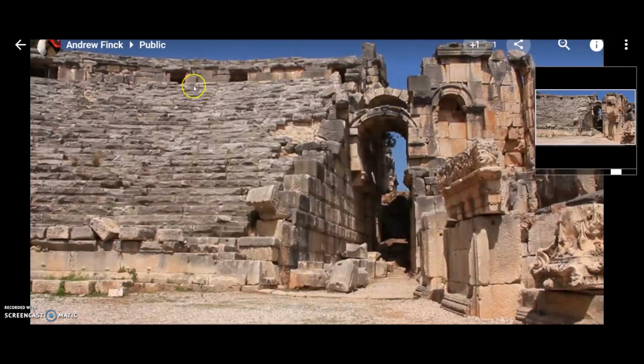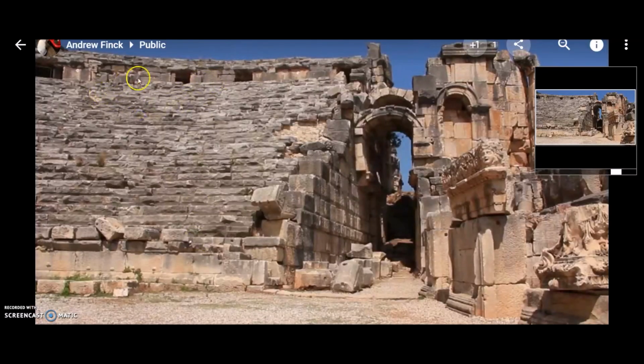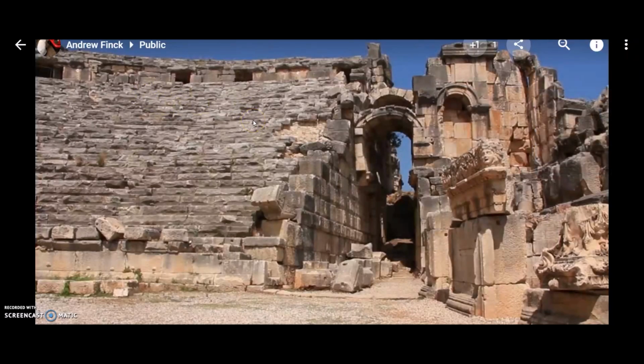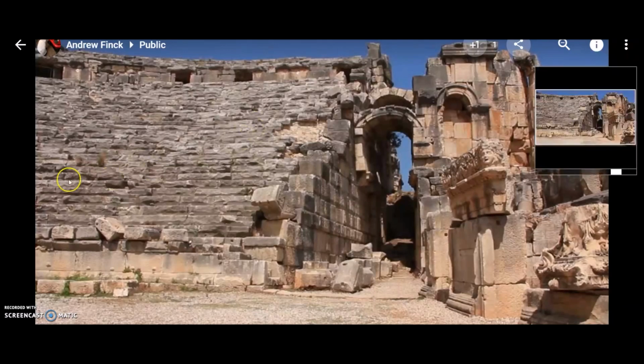And we can see that the steps, the seats, they all themselves may be bevel block. So that's a very interesting site. The entire amphitheater may be a bevel block original construction. And then what does this say? What does this imply about other amphitheaters? And we will get into some other examples.